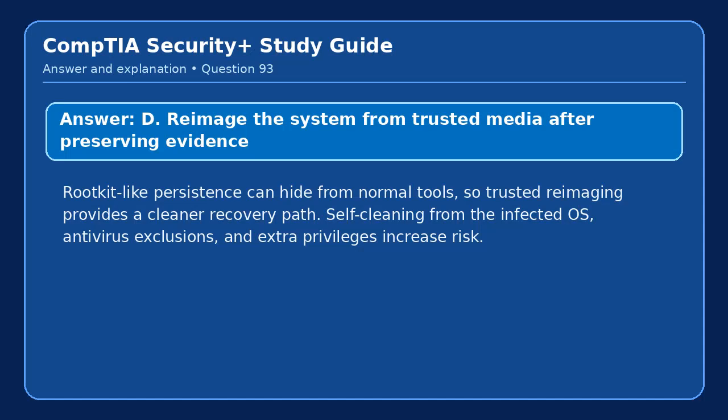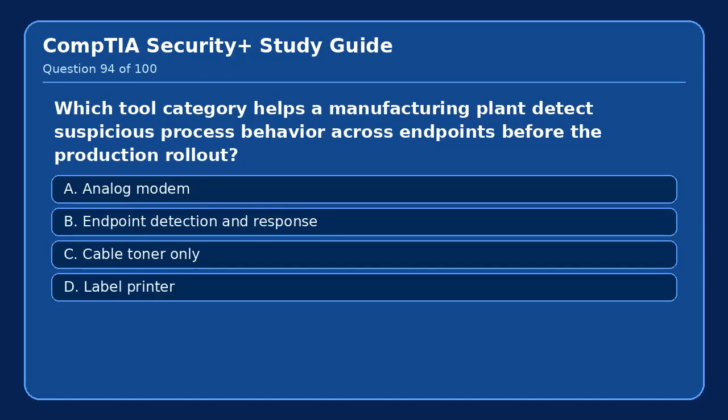The answer is A. Apply a secure baseline that disables unnecessary services and enforces approved settings. Hardening reduces attack surface by removing unnecessary functions and enforcing secure configuration. Extra services, default credentials, and disabled audit logs increase compromise and investigation risk.